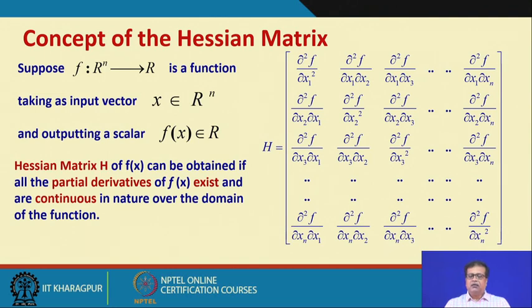So, all of these terms are basically taking del x 1 of del f del x 1, del f del x 2, del f del x 3 and up to del f del x n, and then the second row is with regard to del x 2, and obviously there will be del square f del x 2 square, and finally at the end del square f del x n del x 1, del square f del x n del x 2, del square f del x n del x 3 and finally del square f del x n whole square. So, this entire matrix can be called the Hessian matrix.